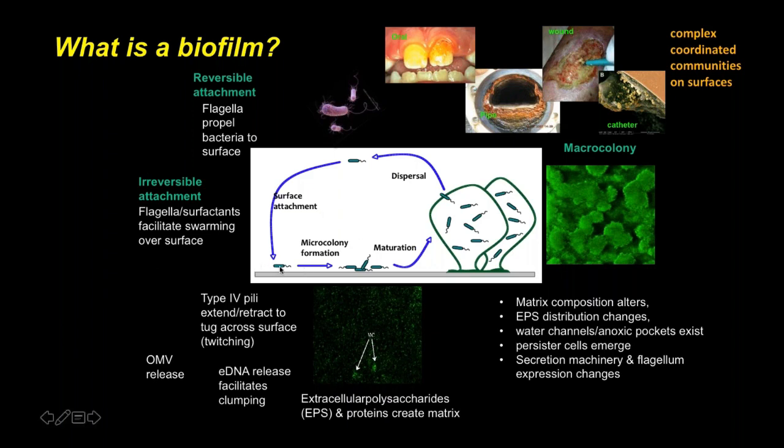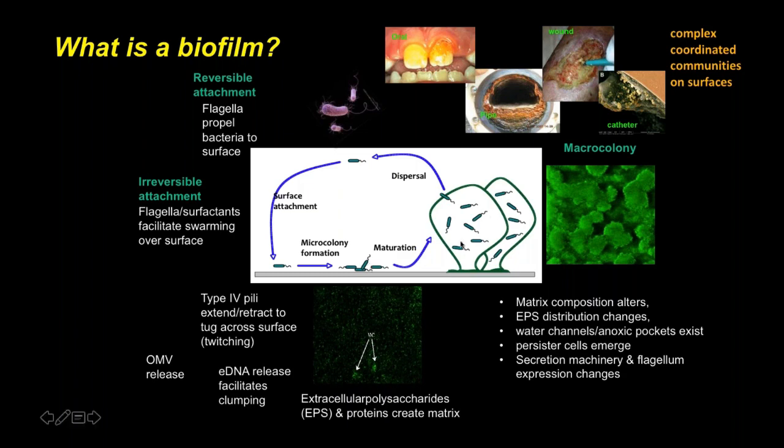And they may even move along using motility organelles like flagella if they've got them, or perhaps surfactants if they don't have flagella. Eventually they multiply and accumulate in small microcolonies, and there are some changes occurring where a matrix is made, which includes the production of extracellular DNA and polysaccharides as well.